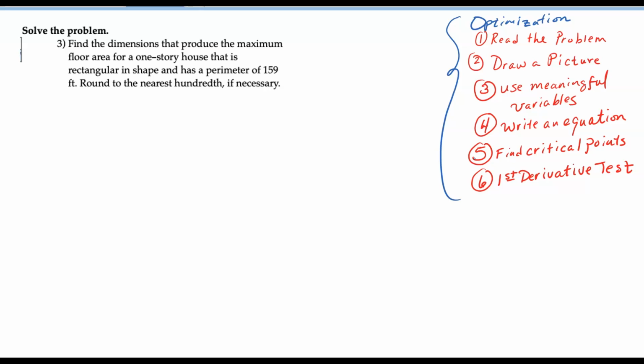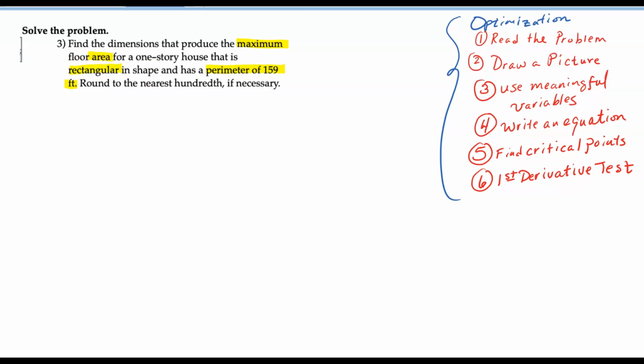Okay, so let's take a look at this example, and we'll look at one more after this. This is a classic problem. It says find the dimensions that produce the maximum floor area for a one-story house that is rectangular in shape and has a perimeter of 159 feet. So we've got the perimeter here. They want us to find the maximum area. So it's rectangular.